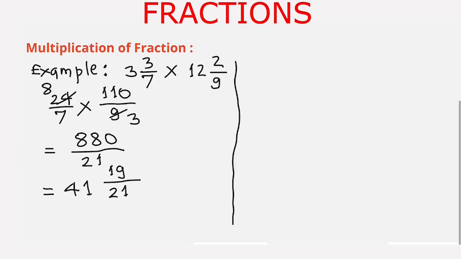The second method is we write the mixed fractions as 3 plus 3 upon 7 multiplied by 12 plus 2 upon 9.